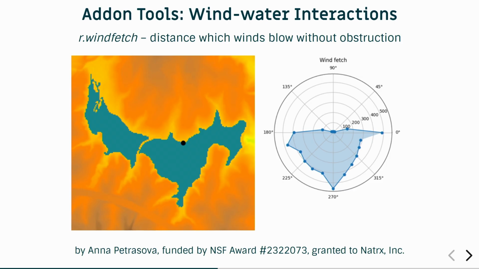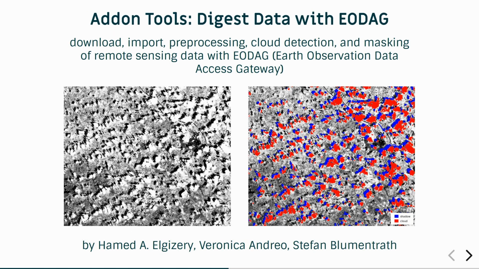One example there is r.windfetch, which is computing a distance which wind blows over a surface unobstructed, so that can tell you how big of a wave you eventually should expect on a lake or in a bay. And that's one of the improvements which is enabled by the R Horizon improvements I mentioned earlier.